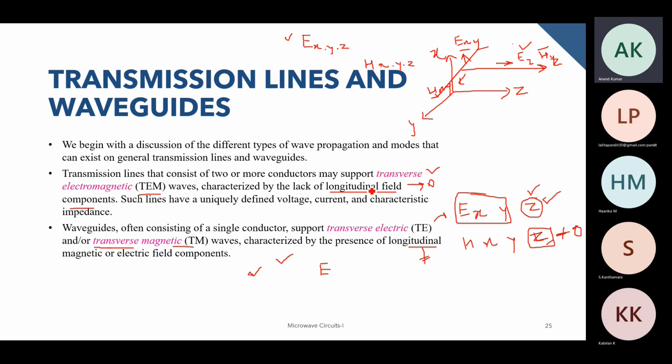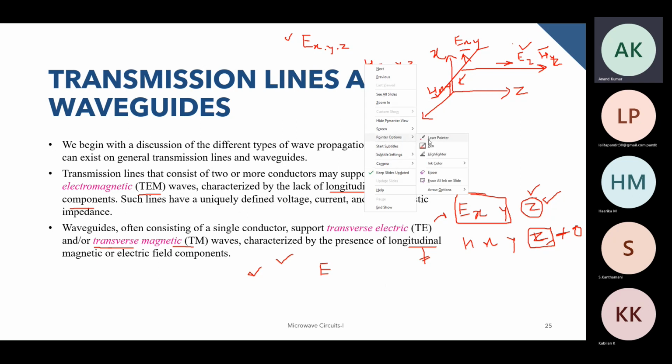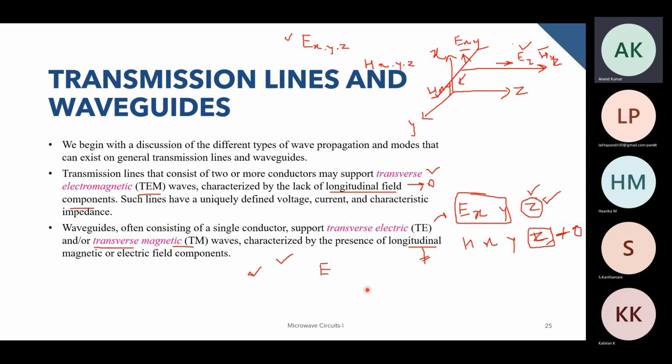If you can follow the meaning of the longitudinal components, these two statements will help you understand the TE, TM, and TEM cases. I hope this was clear. If you need me to repeat this again, please let me know.